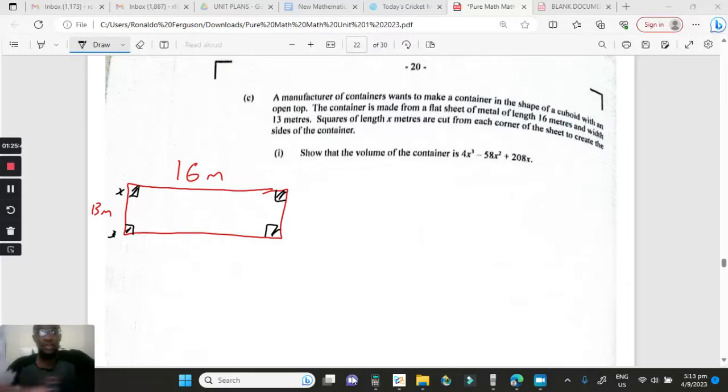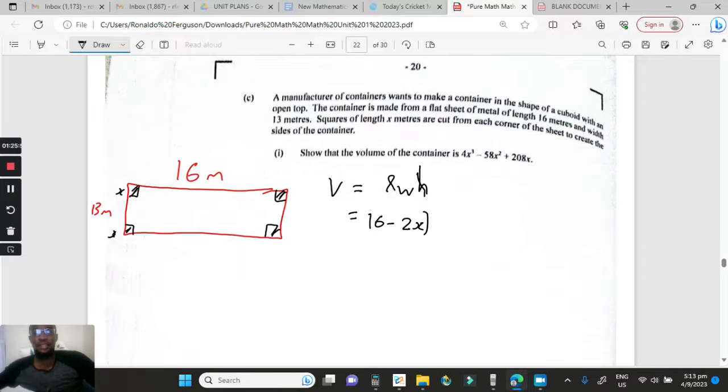So now we can go back to working it. The volume is length times width times height. The length is 16 minus 2x, times the width, 13 minus 2x, times the height x.